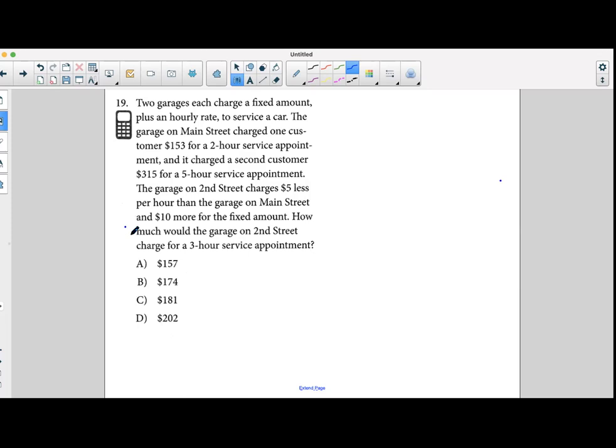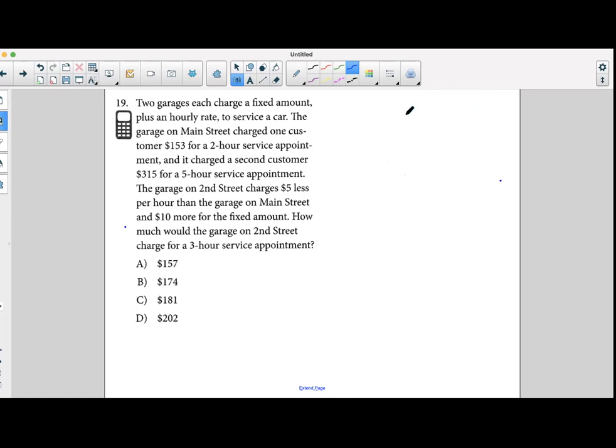Alrighty. So, in this case, what I'm going to do is use calculator because I can use calculator here. Numbers are big, so I'd rather use calculator here, guys. Okay? So, they gave you two garages, and both of them charge a fixed amount plus an hourly rate.